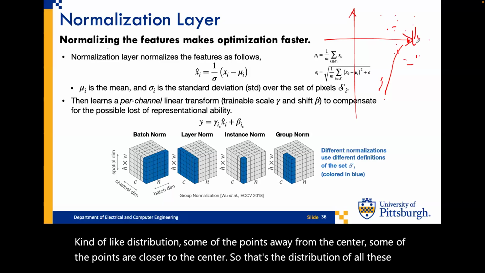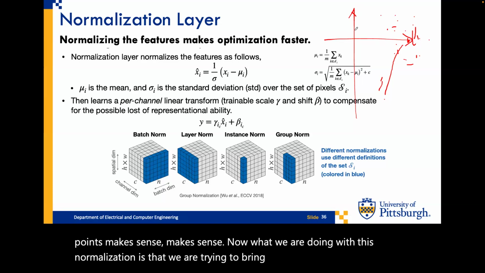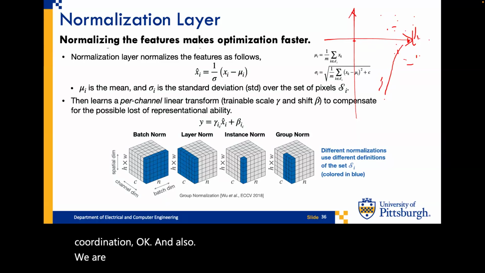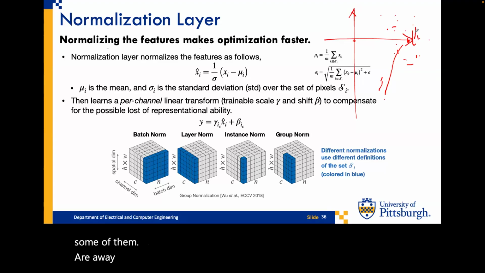Make sense? Now, what we are doing with this normalization is trying to bring this back to the center of the coordinates. For this distribution, the variance is kind of big. Some of them are away from the center, some are close.